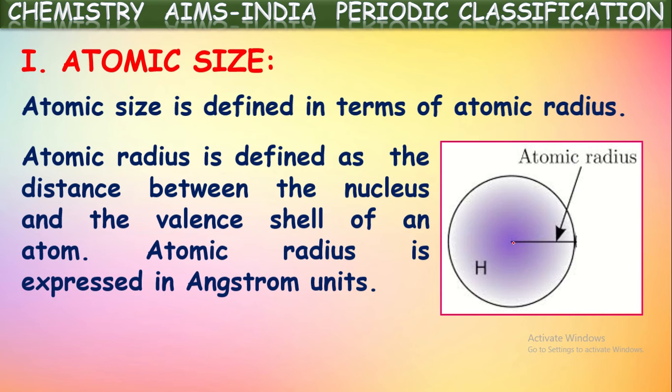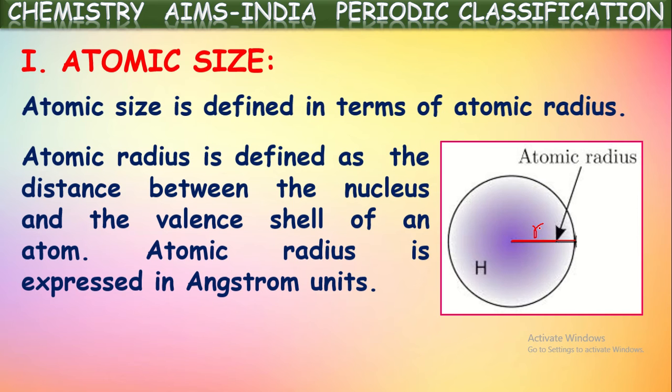The distance from the nucleus of the hydrogen atom to its outermost orbit is taken as the atomic radius of hydrogen. We know hydrogen has only one shell with one electron, so the distance between this first shell and the nucleus is the atomic radius of hydrogen.